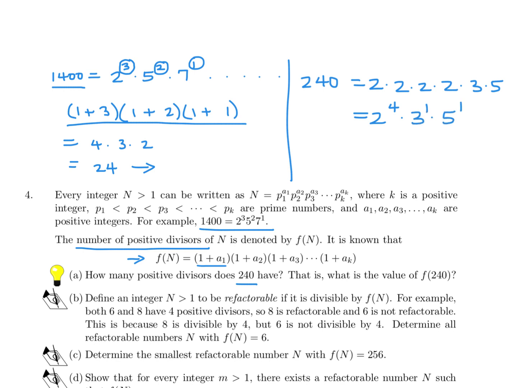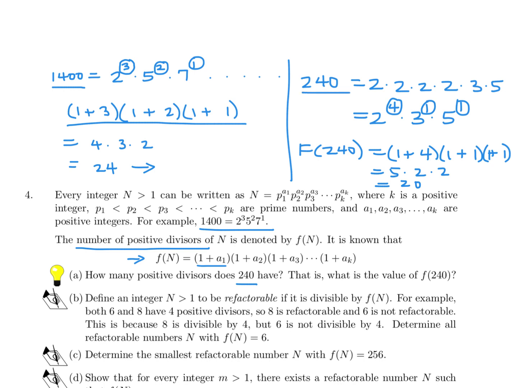So according to the definition, f of n, or f of 240 in this case, would be, you take that 4, add 1, then take this 1, add 1, and then finally take that 1 and add 1, and this becomes 5 times 2 times 2, so that's 4 times 5, which is 20. So that basically means that there's 20 divisors of the number 240.